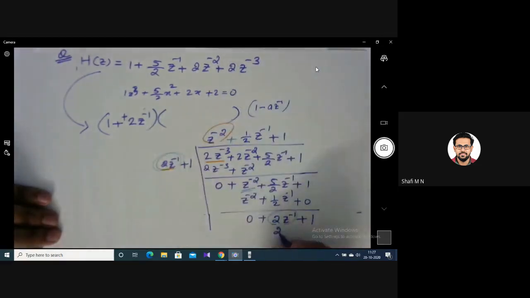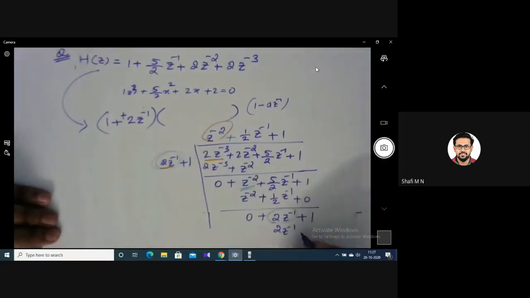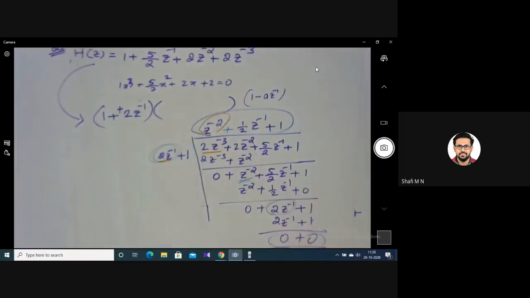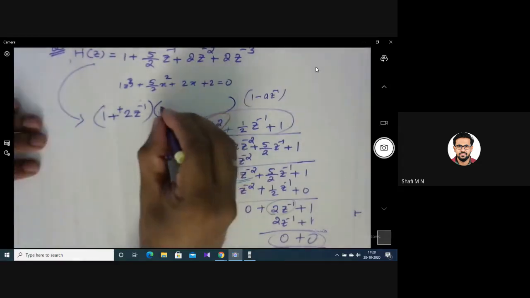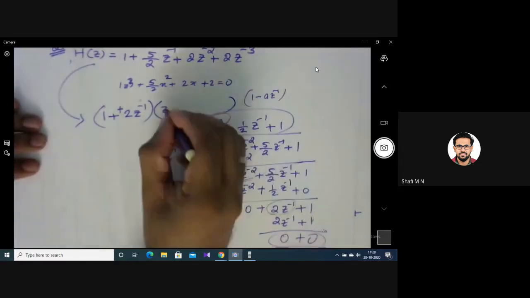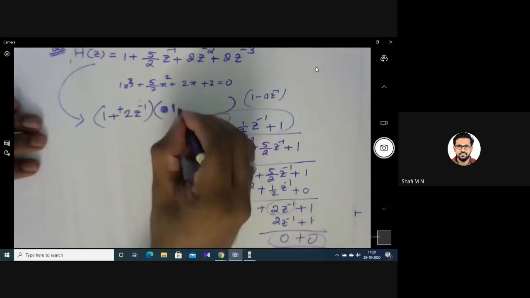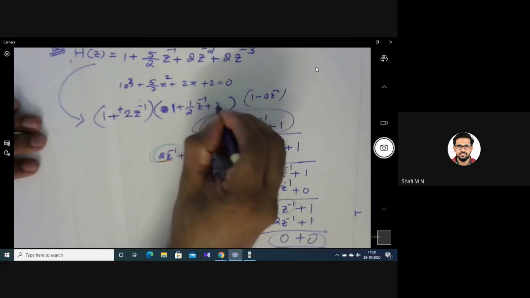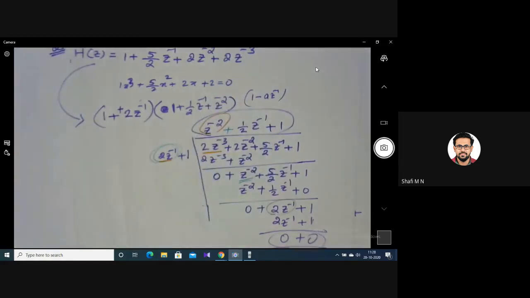So you'll get 2z raised to -1 plus 1 into 1. Take the difference. This is 0 plus 0, so the remainder is perfectly 0. So you can say that this is a factor, and you got it as 1 plus 1 by 2 z raised to -1 plus z raised to -2. So that's it.